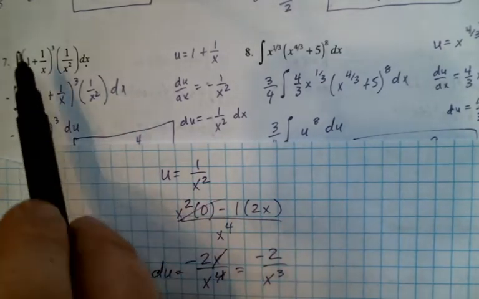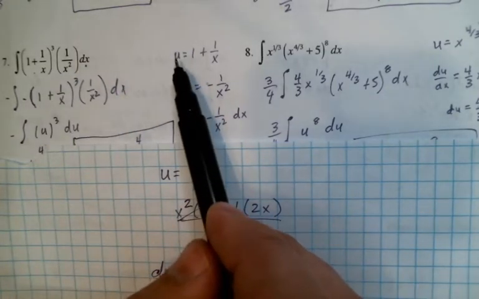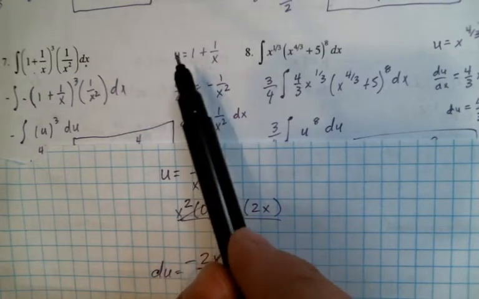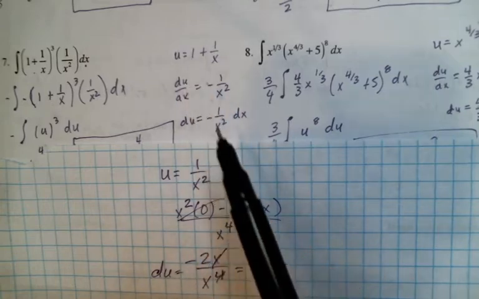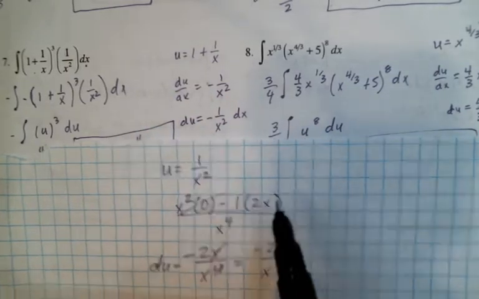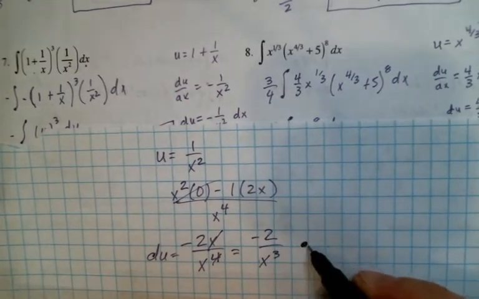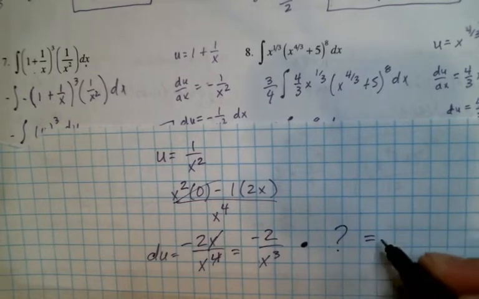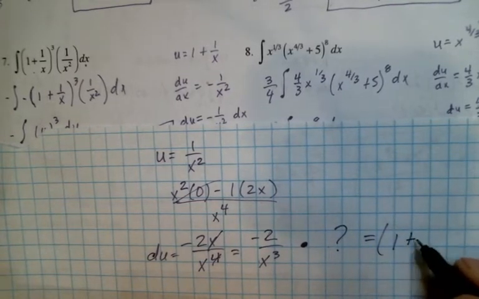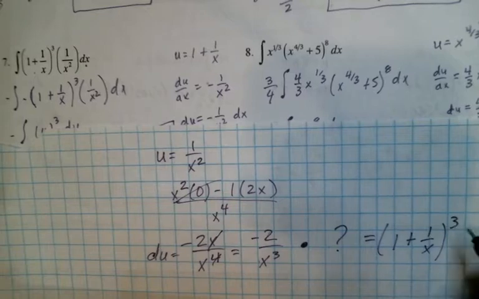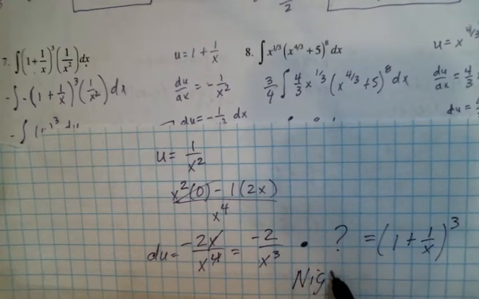So which one do you put as u? You should see it. You may have to just do the derivative of both of them to kind of see it, but you don't want to. You'd have to multiply this times something to get 1 plus 1 over x cubed. And to me, that would be a nightmare.